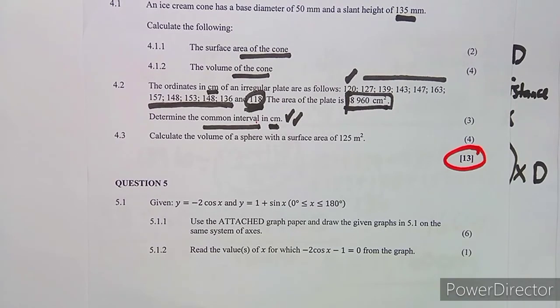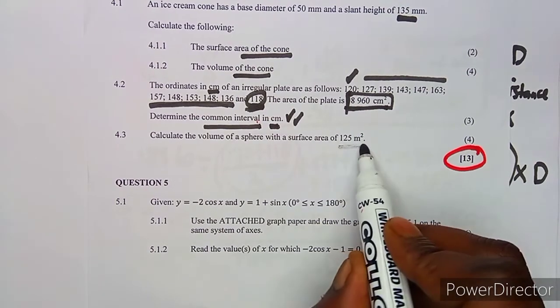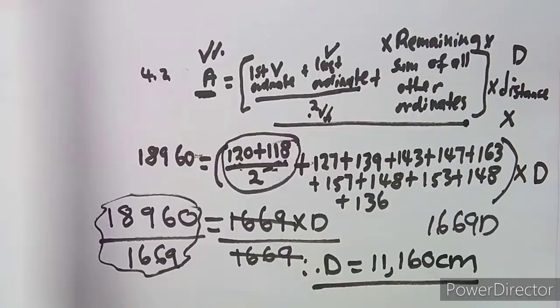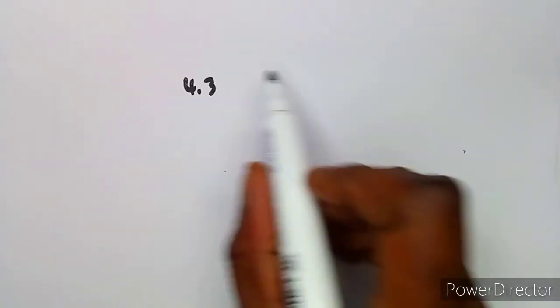And the last part is to calculate the volume of a sphere with a surface area of 125 square meters. This is a sphere. We are given the surface area. Remember, on a sphere you can just take an example of a tennis ball or an orange or something like that.